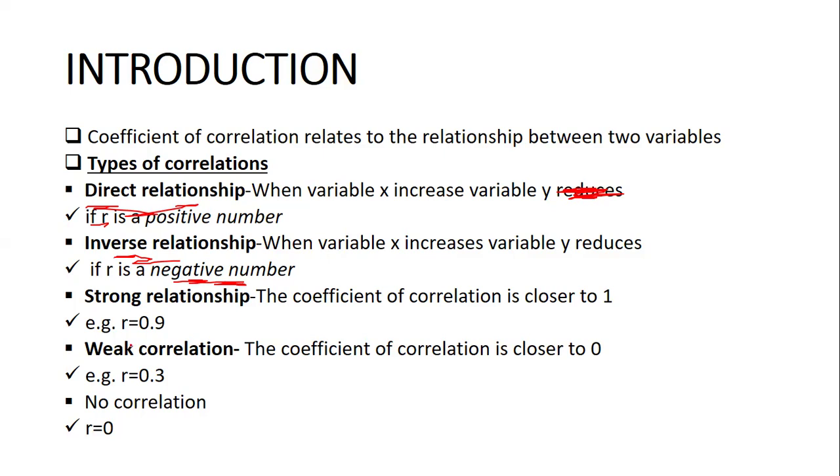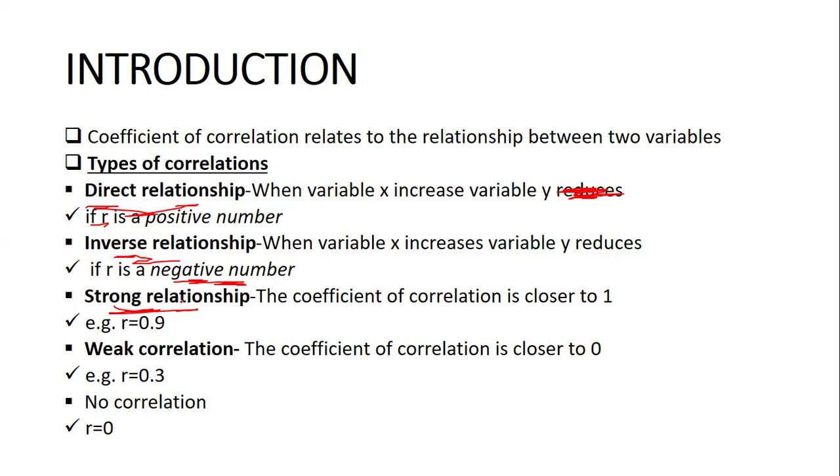Then there's also what we call a strong relationship. A strong relationship is when the figures are closer to one, right? You find 0.9, you find negative 0.9, those figures are closer to one.